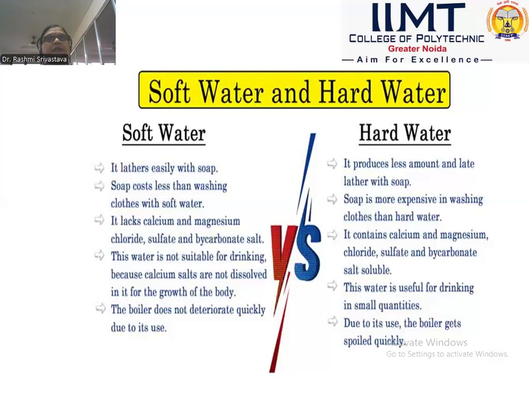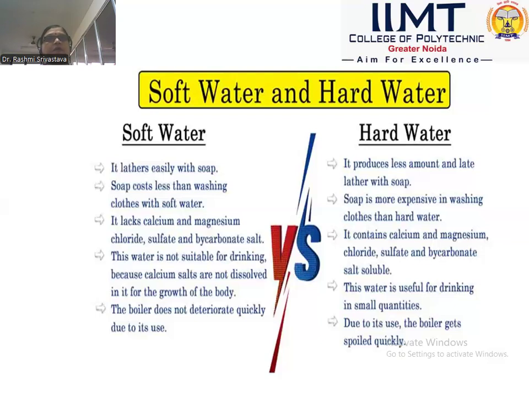Third, as we all know, hard water contains calcium and magnesium chlorides, sulfates, and bicarbonate salts, which are completely soluble in hard water. So this water is useful for drinking in a small quantity because it fulfills the mineral deficiency in our body.